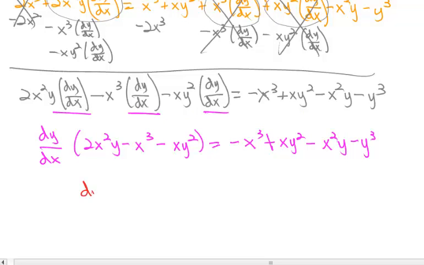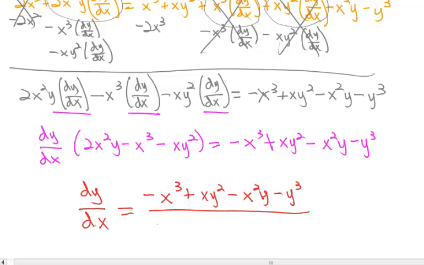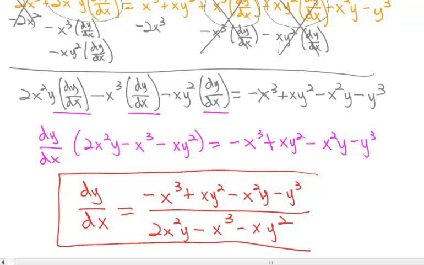Divide by that factor so that dy dx is all alone, and the derivative is now equal to negative x cubed plus xy squared minus x squared y minus y cubed, all over 2x squared y minus x cubed minus xy squared.